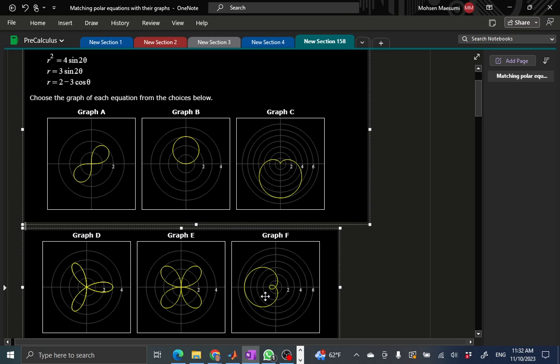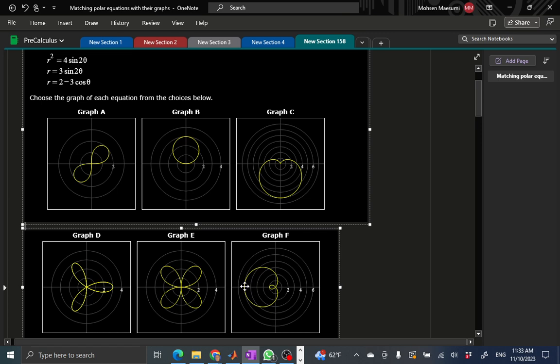Now we go ahead and double check certain points to make sure we are on the right track. For example, when theta reaches pi, its cosine will be -1, and r has to be 5. Does this look like it's hitting 5?